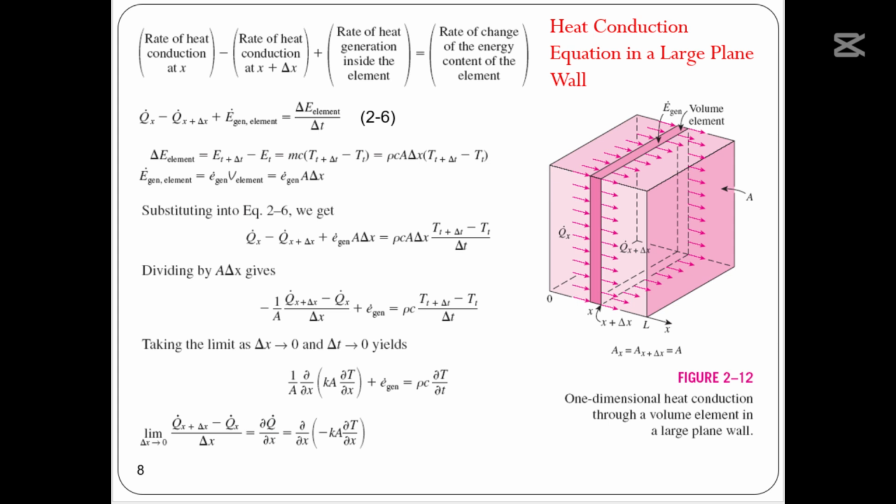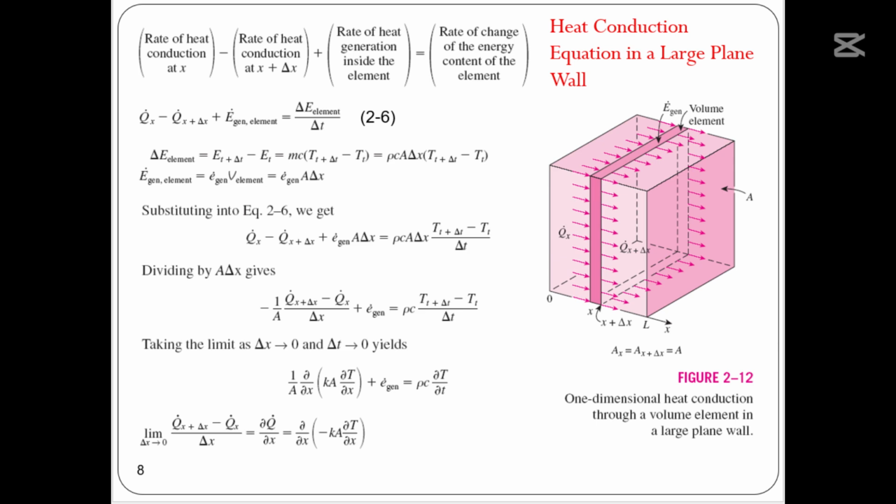We will simplify it using the basic definition of the derivative, known as the ab initio method. We take the limit as delta x approaches 0 and delta t approaches 0. We finally get this equation, which is the basic one-dimensional heat conduction equation.